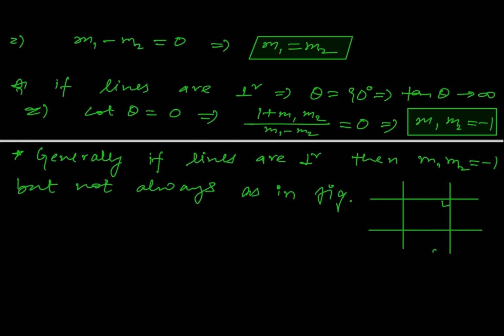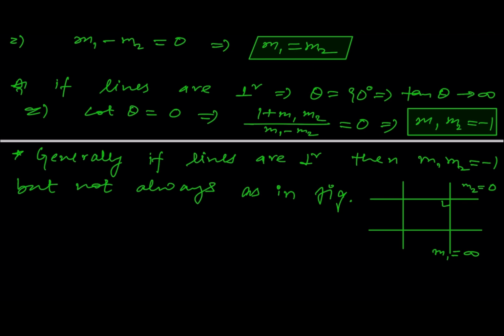And one is parallel to y-axis, so it is having slope as infinity, and one which is parallel to x-axis is having slope as 0.